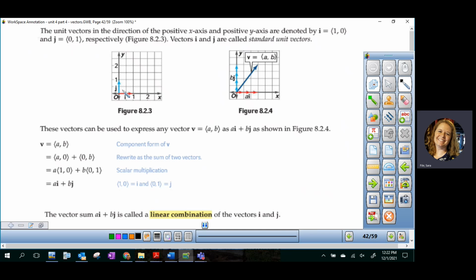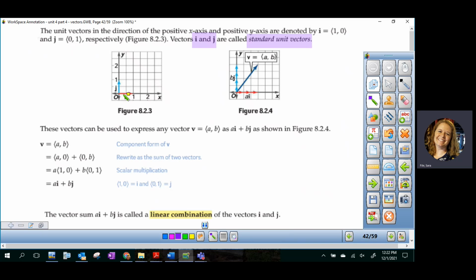So what this means is, we talked about a unit vector is 1 unit long. And the unit vectors that go along the x-axis and the y-axis are special. They are called the standard unit vectors. Okay, and we use I and J to represent those.